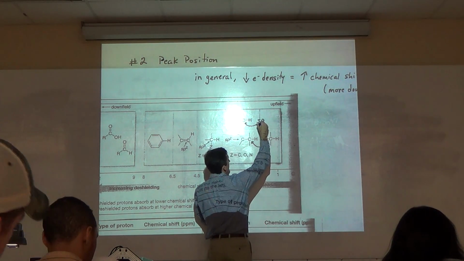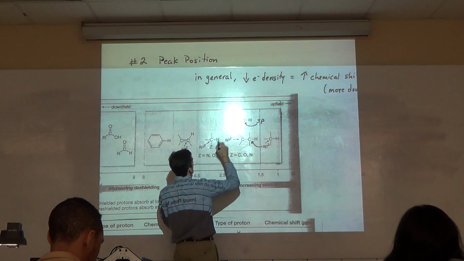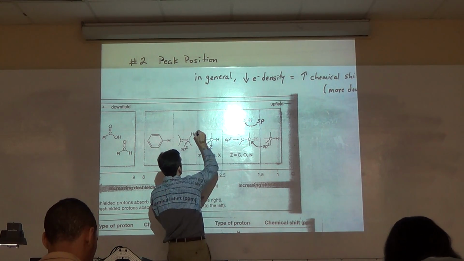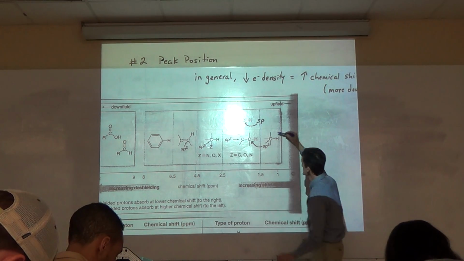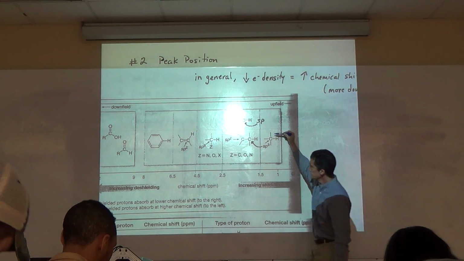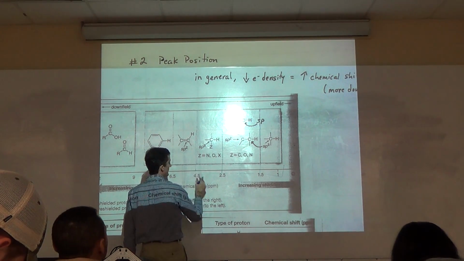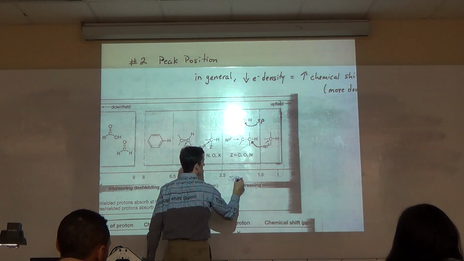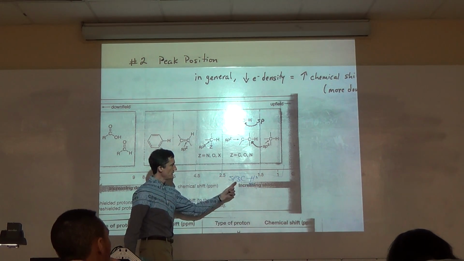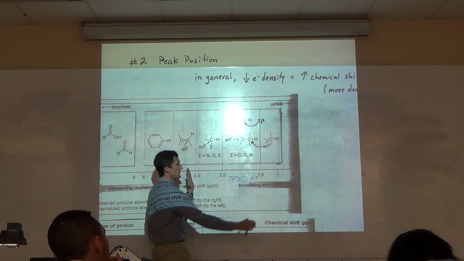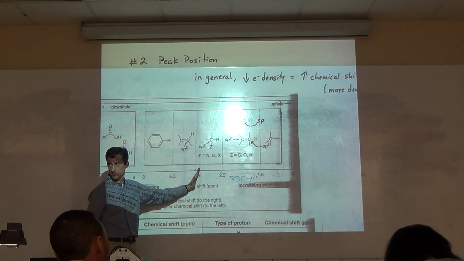We can divide this up the way it's divided here, and these are divisions we can focus in on. What you need to recognize is that these are sp3 CHs. If the H is on an sp3 carbon, it's going to be in the 1 to 4.5 ppm range.